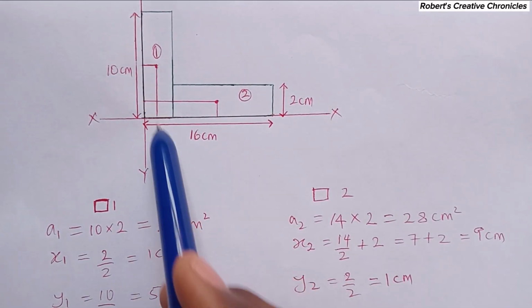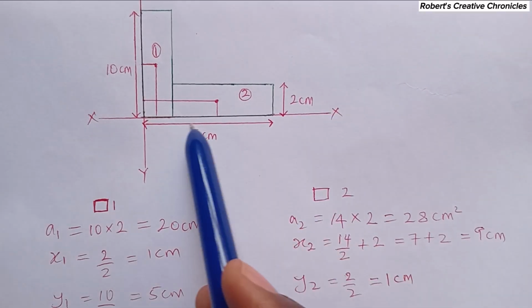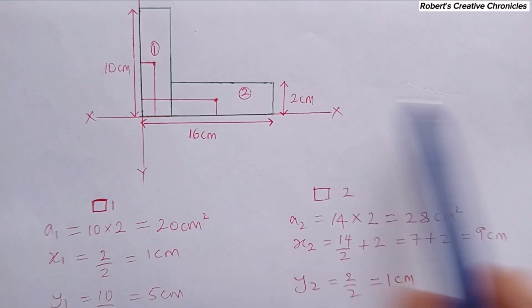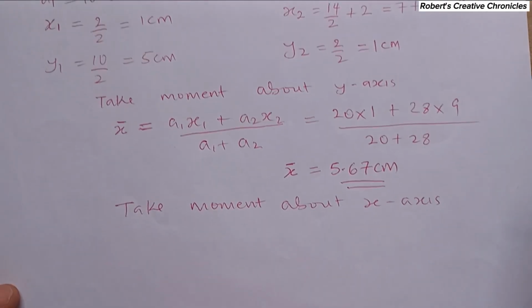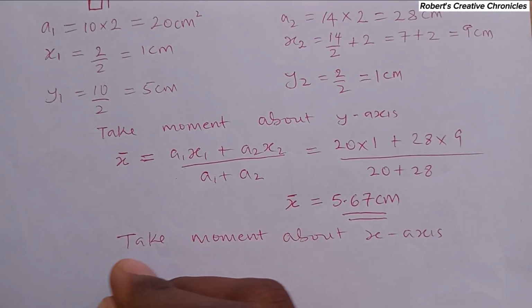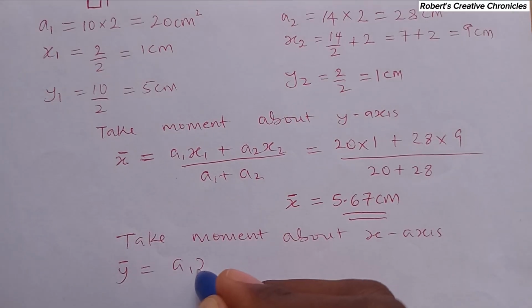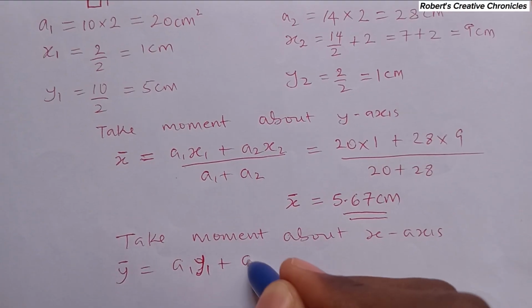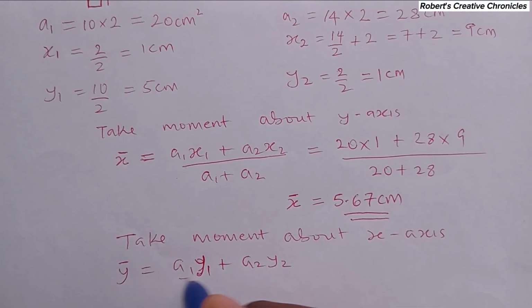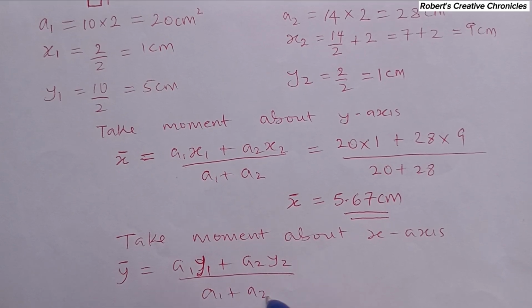We are going to work with the y distance when we are taking moment about the x-axis. So it will be A1 y1 plus A2 y2 over A1 plus A2.